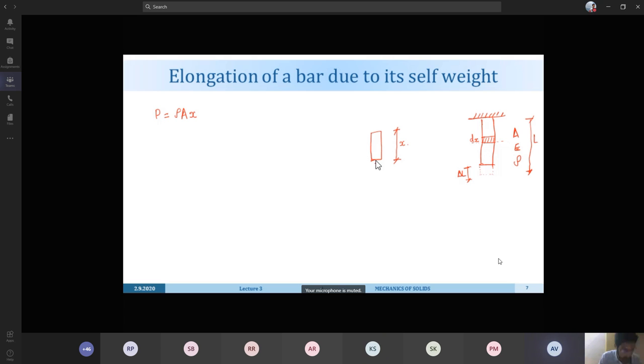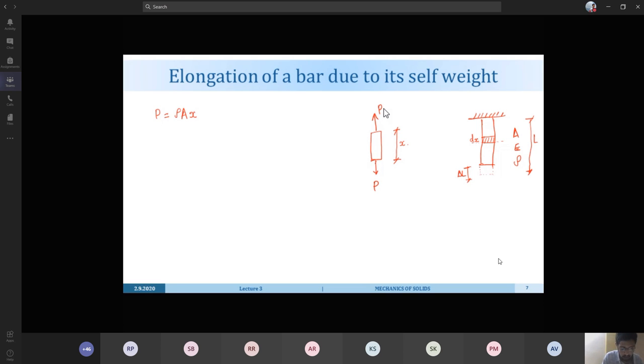So this load is acting downward because of the self weight, and as it is restrained at the top, there is a resistive force acting in the opposite direction. So basically, this bar is under the influence of an axial tensile force.